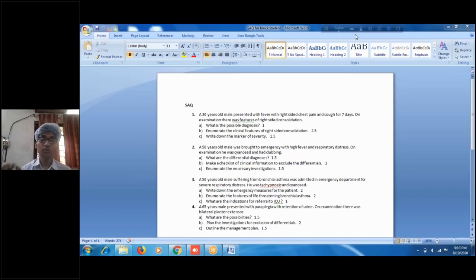So in answering the first question, what is the possible diagnosis, as in question number 1A, you have to write a single diagnosis, and it should be the right one, because your examiner who is in charge of examining your written script has an answer key, and this answer key contains only one diagnosis, and you have to make your diagnosis match the one given in the answer key.